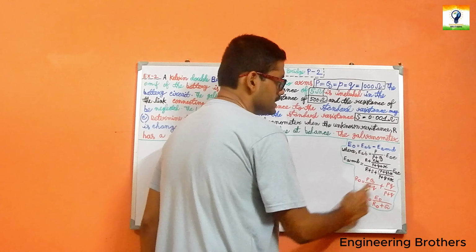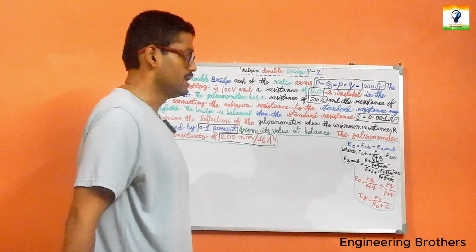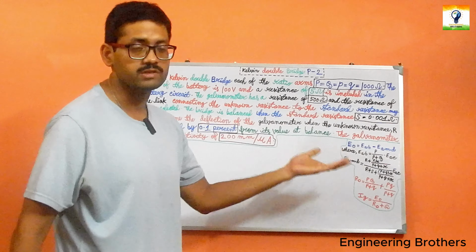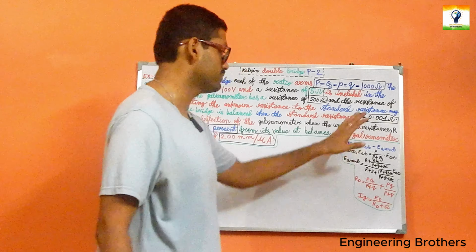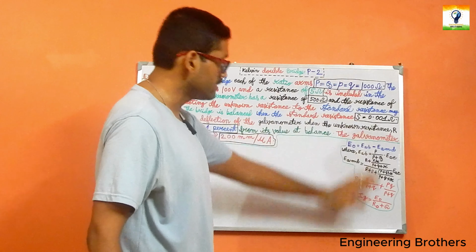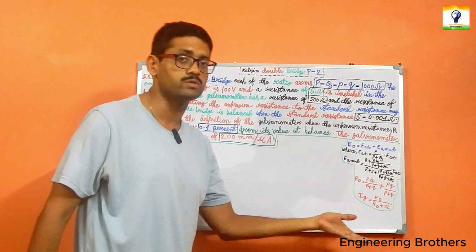This galvanometer current expression is nothing but E0 divided by R0 plus G. If you have missed our previous videos regarding the Kelvin double bridge, please do follow them. In those videos, I separately established all those equations. I am not skipping anything here.